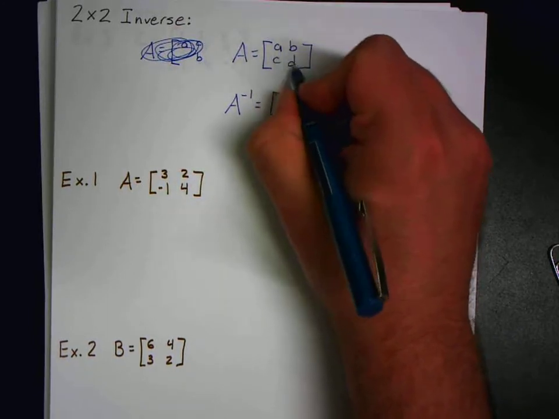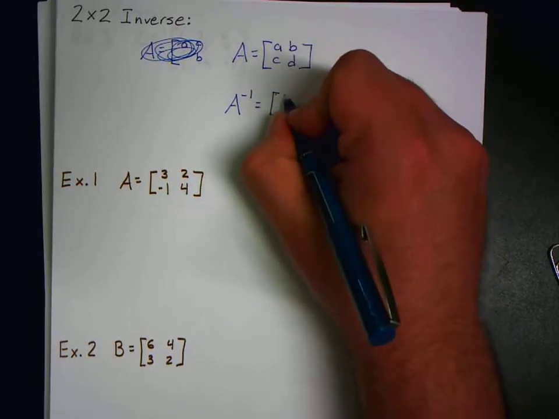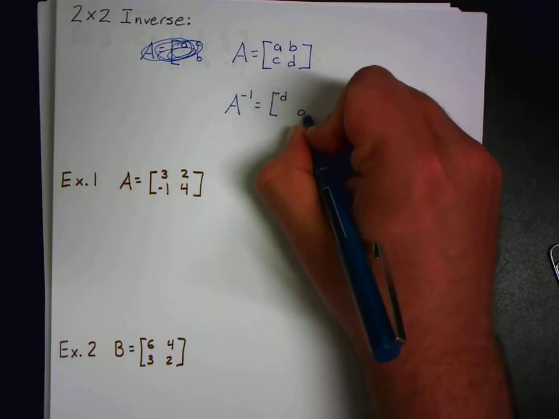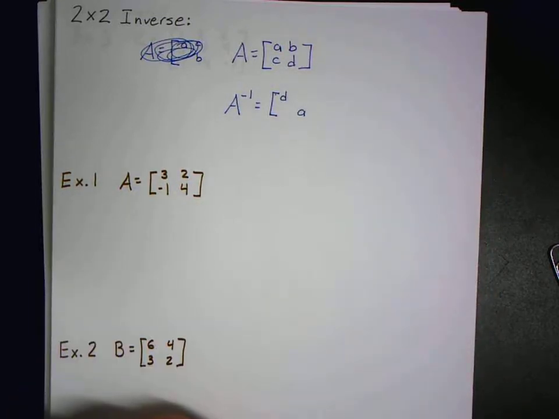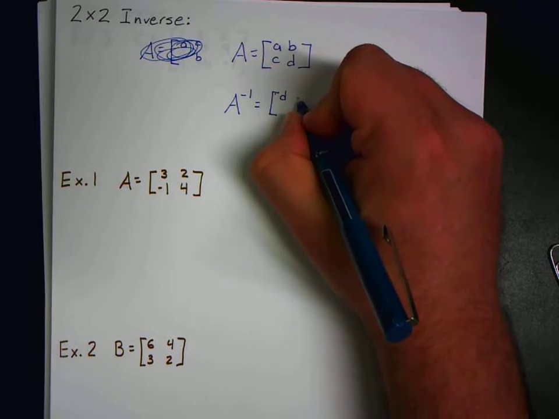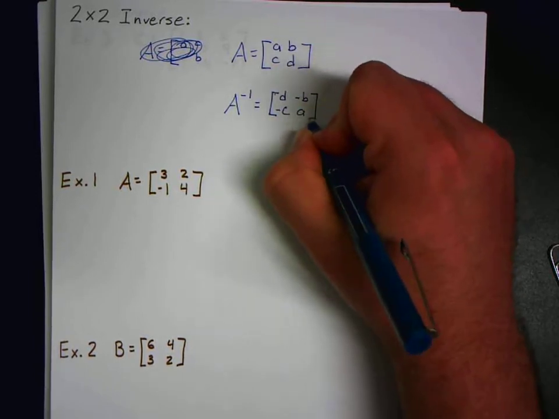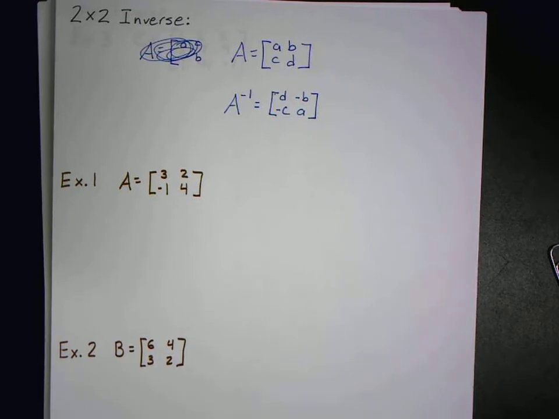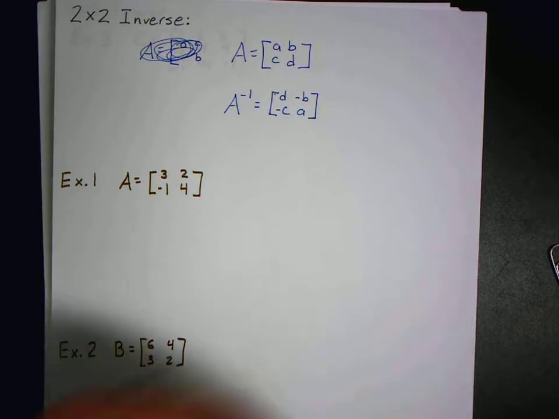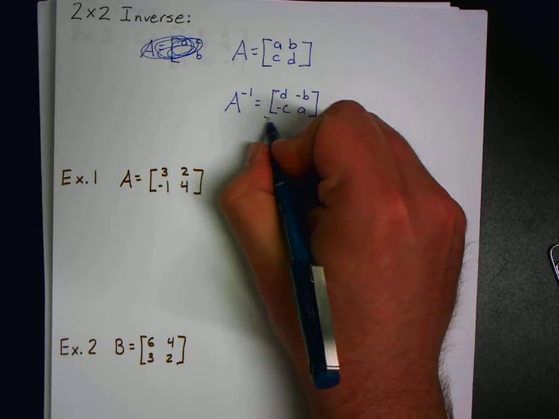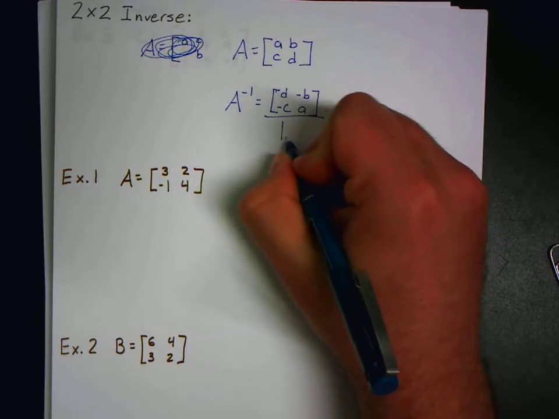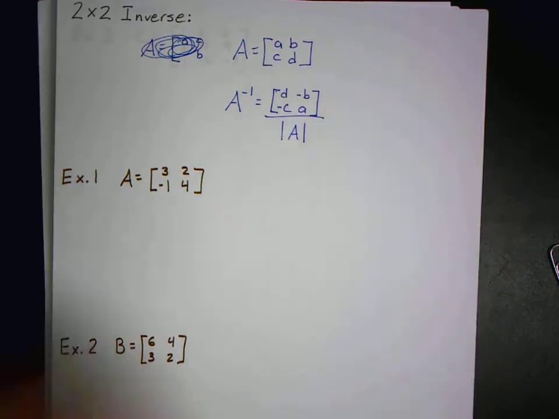Okay, I take these two numbers and I switch their places. I take these two numbers and I switch their signs. You might think, well, how is that a shortcut? Trust me, it's a shortcut. And then you divide by the determinant of the original matrix.